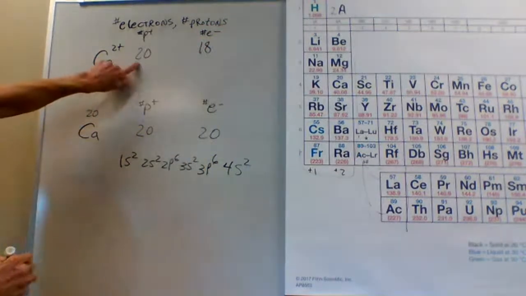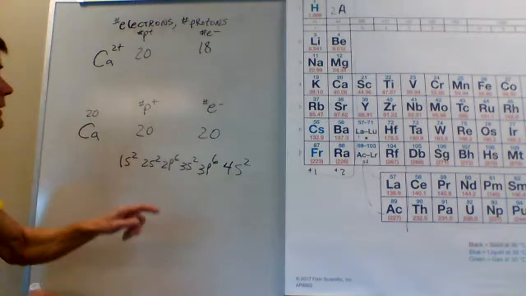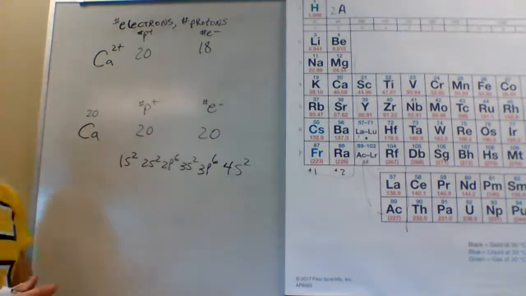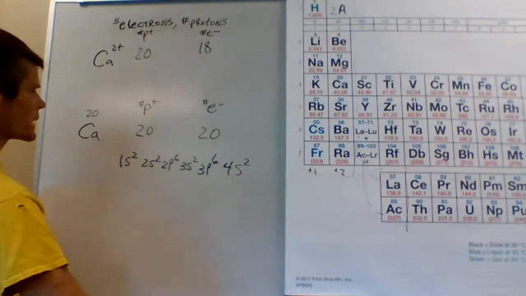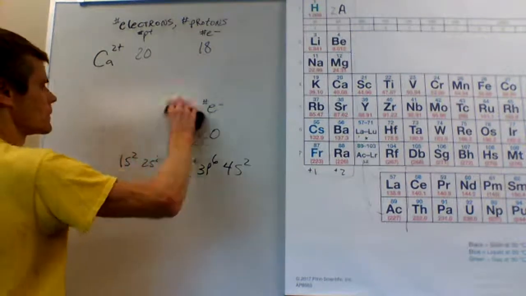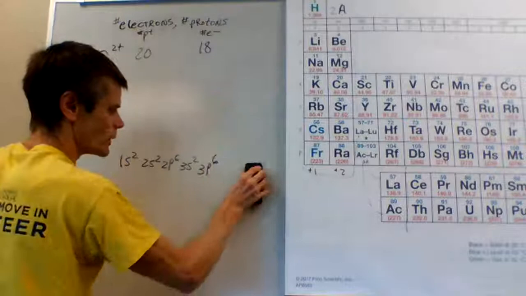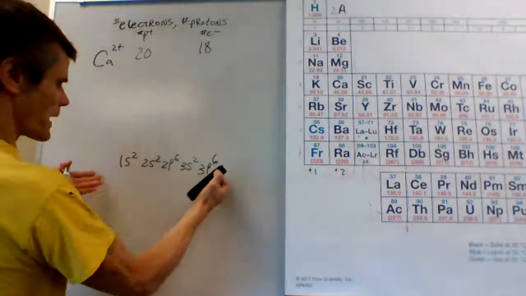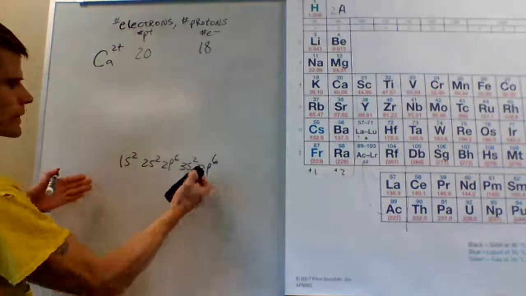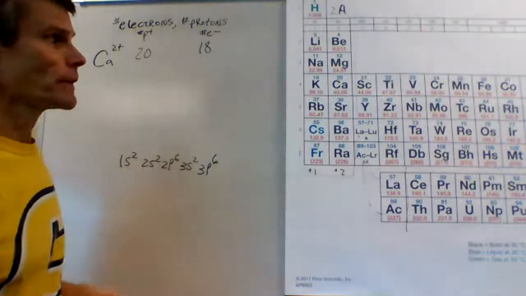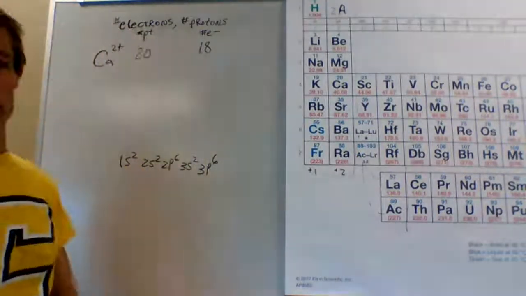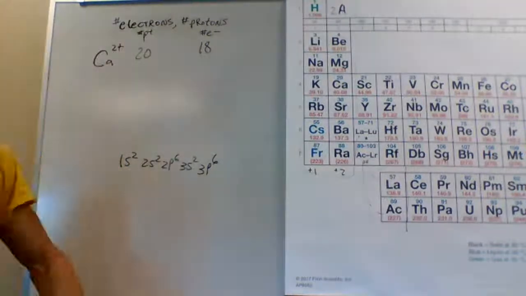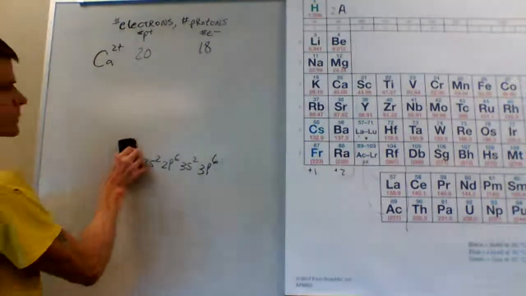We have 2 additional units of positive charge, and that's why the calcium cation has a positive 2 on it. The calcium cation loses these 2 electrons, and would now have an electron configuration that's the same as argon, 18 electrons.